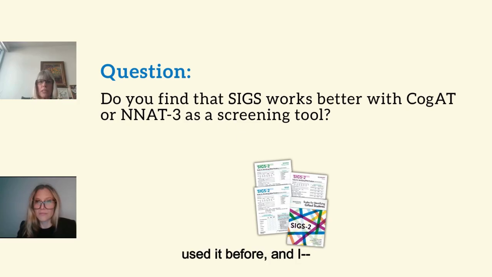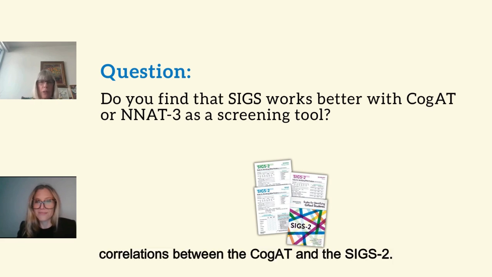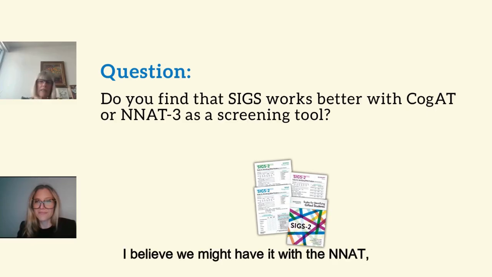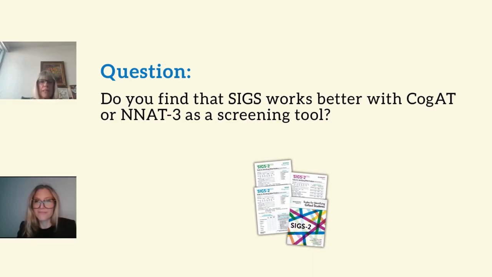I've used it before, and we do have some studies in our validity chapter with correlations between the COGAT and the SIGS too. I believe we might have it with the NNAT too. We have a lot of studies, so that will give you some more information on how well they relate.